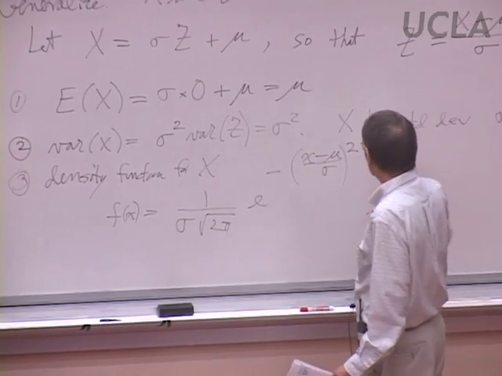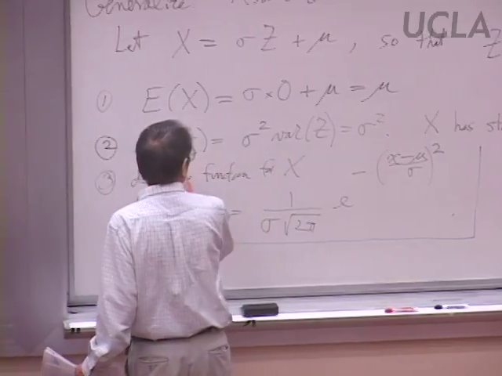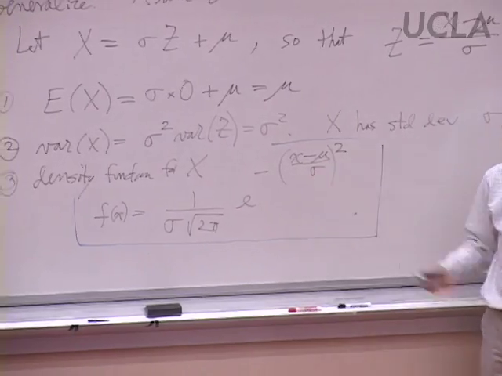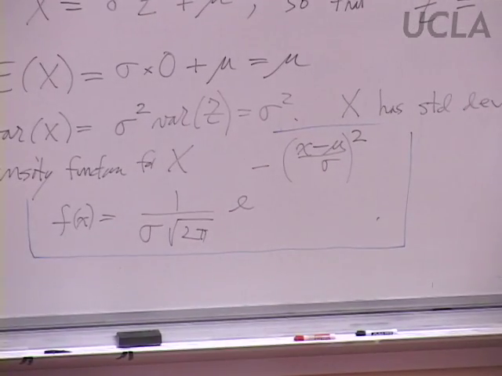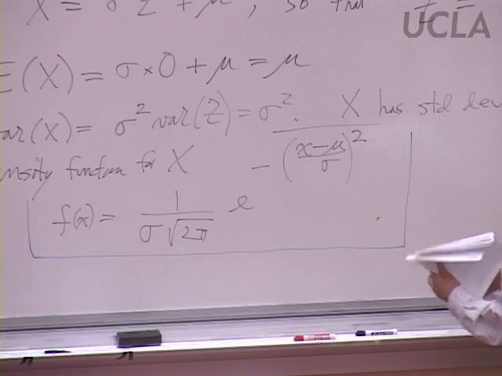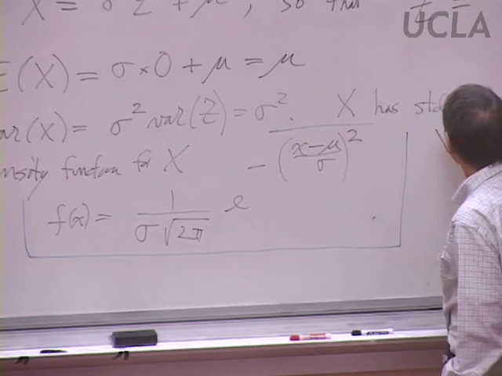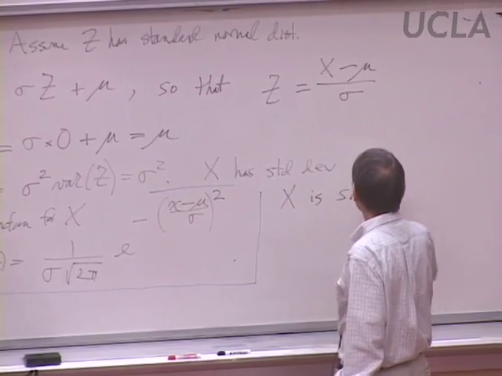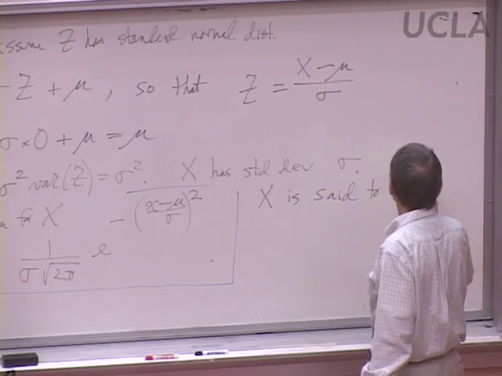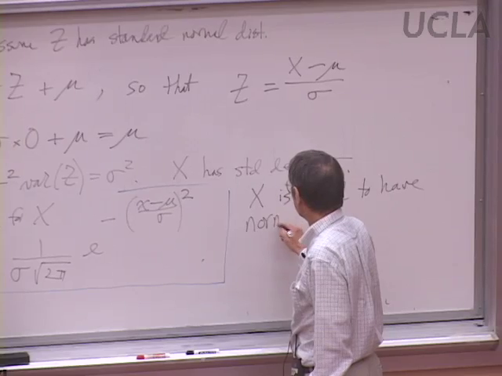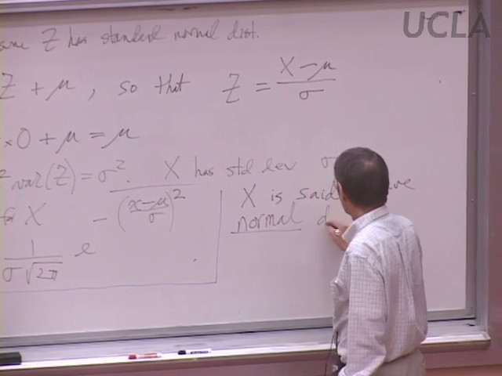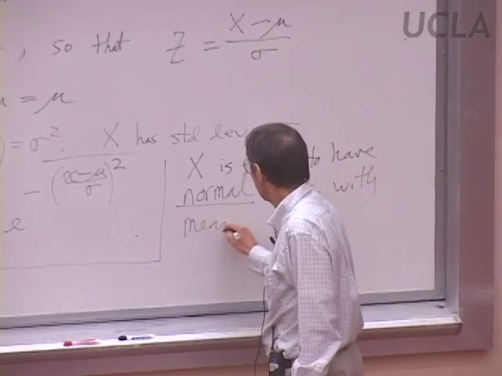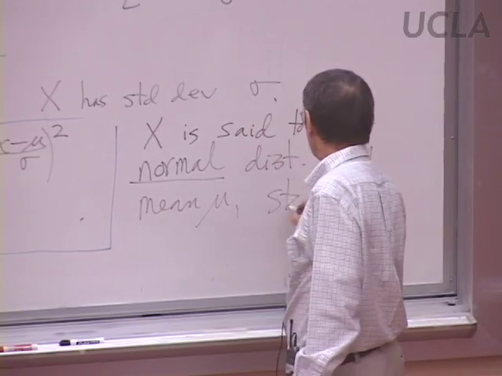Well, it's a wonderful equation. We hardly ever use it directly because this is not a function that's easy to integrate. But this random variable x is said to have the normal distribution, not the standard normal distribution, but the normal distribution with mean mu and standard deviation sigma.